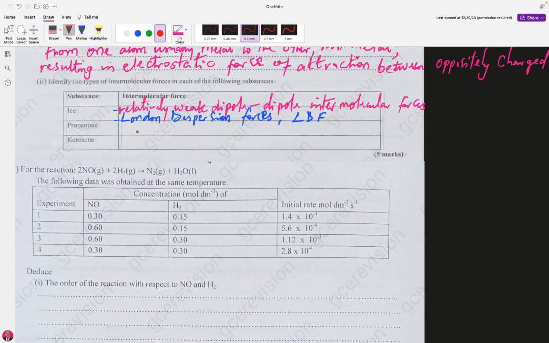Okay, so propanone has permanent dipole forces of attraction.